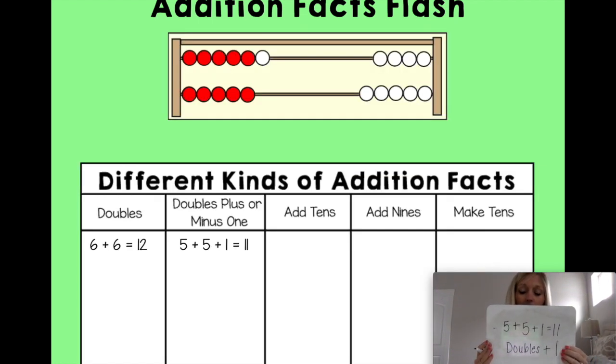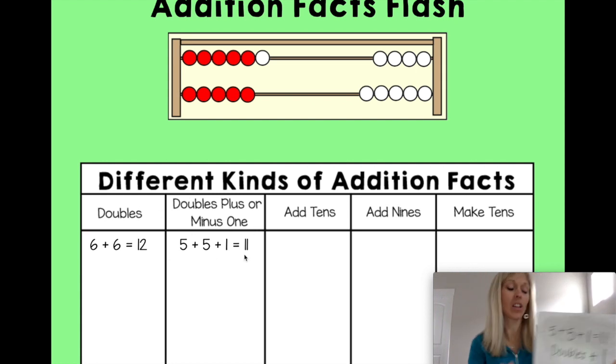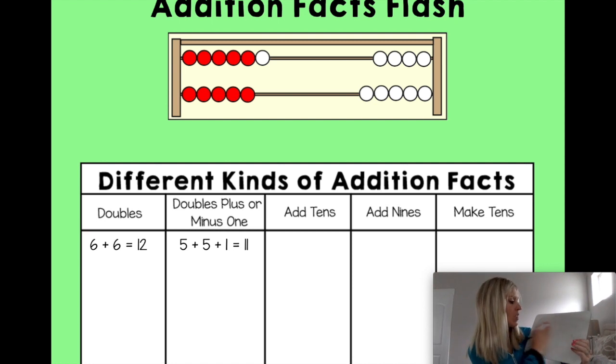Okay, great job. We can also do, if you notice on our chart, it says doubles plus or minus 1. Okay, so that's going to look something like this. Let me show you. If you had a number rack that had, okay, so maybe it had 6 and 5.